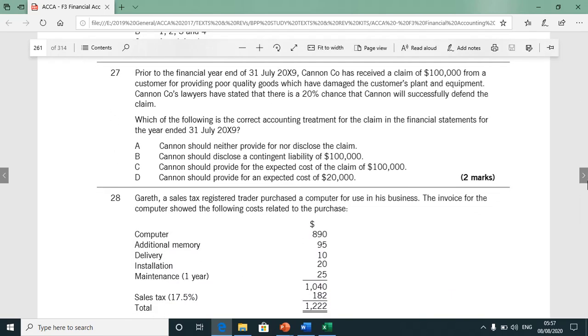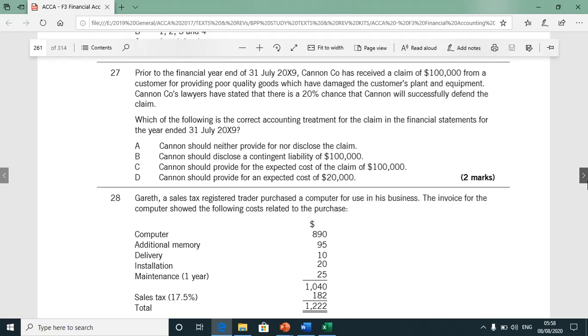Prior to the financial year end of 31st July 20X9, Canon Company has received a claim of 100 from a customer for providing poor quality goods which have damaged the customer's plant and equipment. Canon's company lawyers have stated that there is a 20% chance that Canon will successfully defend the claim.